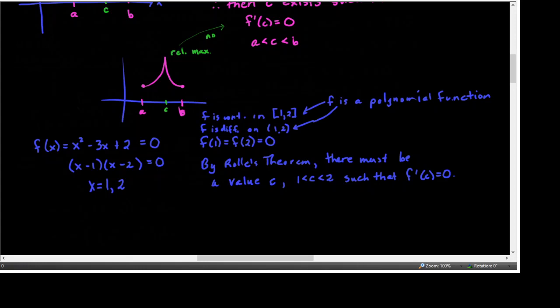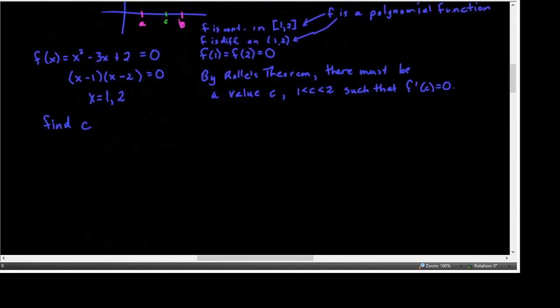Then, if they asked us to find C, that's another matter. It's like a part B to the question. Okay, first establish that there is an answer between 1 and 2, such that f prime of C would be 0. Then find that value. Well, to do that, we would need to find f prime of x, which is 2x minus 3.